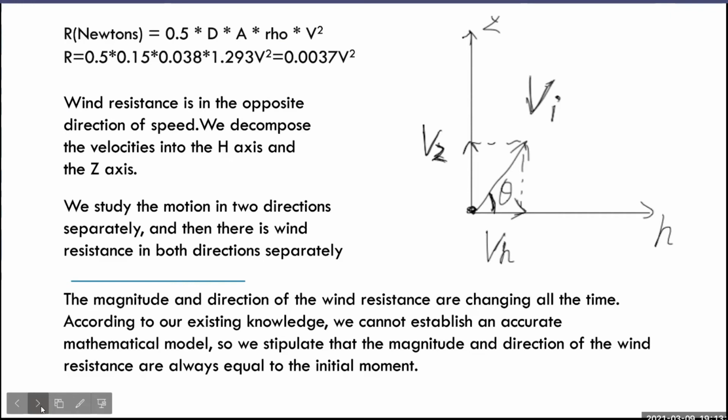The magnitude and direction of wind resistance are changing all the time. According to our existing knowledge, we cannot establish an accurate mathematical model. So we stipulate that the magnitude and the direction of the wind resistance are always equal to the initial moment.